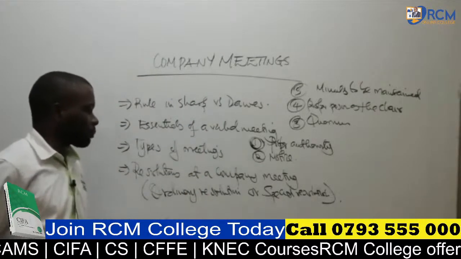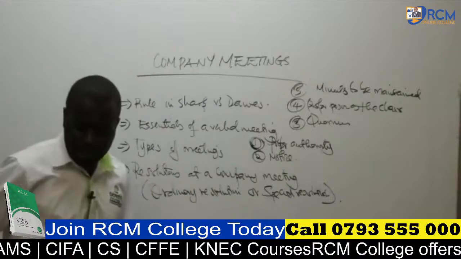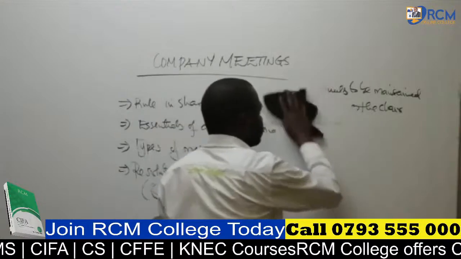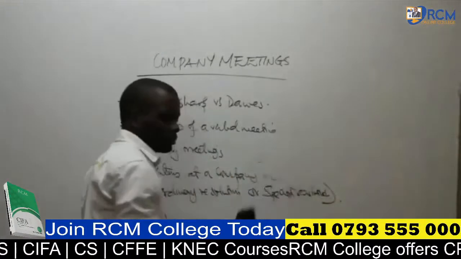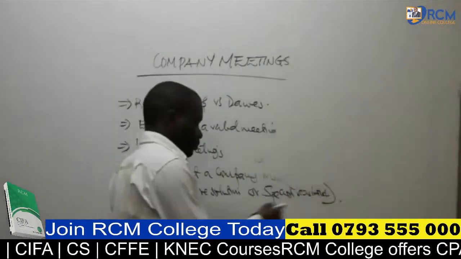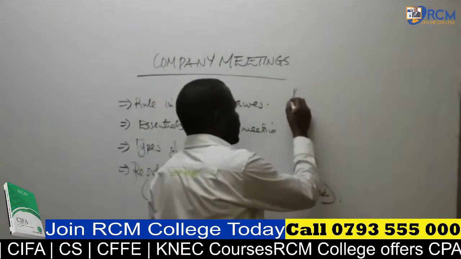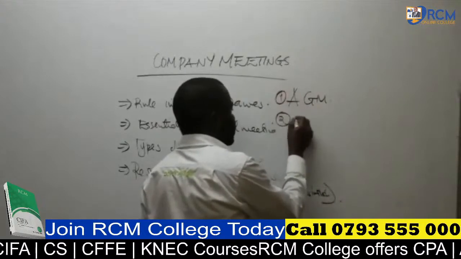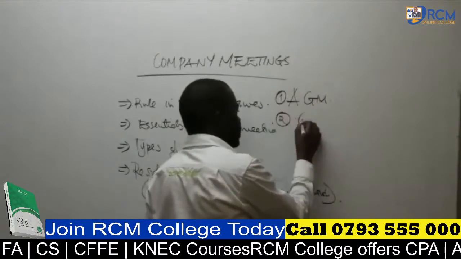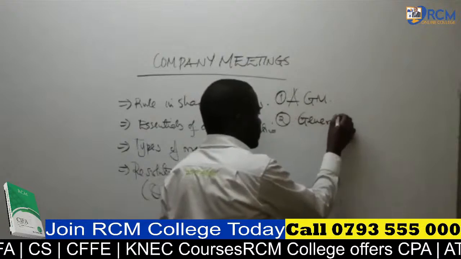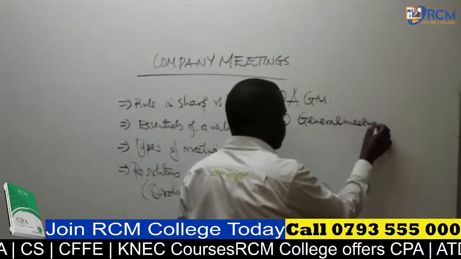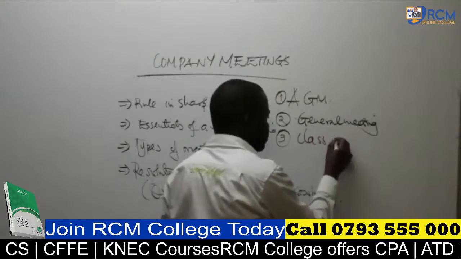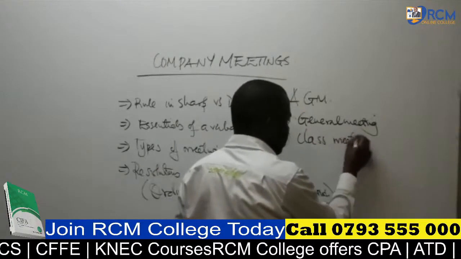So we can look at the types of meetings that we can have in a company. We can have what we call an AGM, or in full, an annual general meeting. Then you can have a normal meeting, or just a general meeting of the company. Number 3, we can have what we call a class meeting. These are the types of meetings we can have in a company.